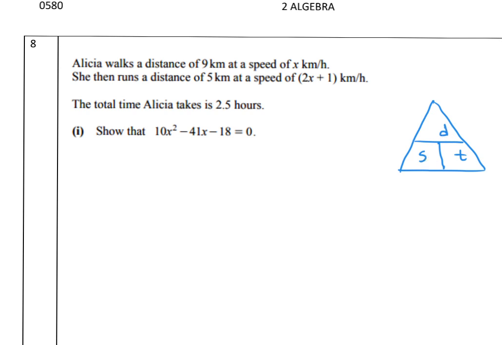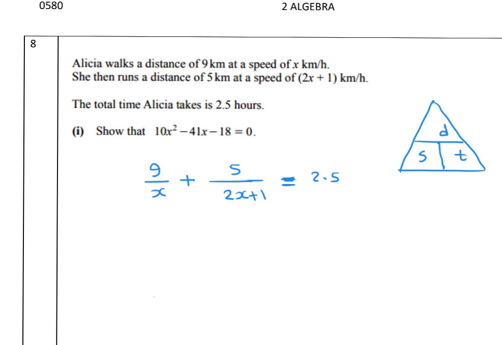So the time for the first 9 kilometers equal the distance, which is 9, over the speed, which is x. By the same way, the time for the next 5 kilometers is the distance, which is 5, over the speed, which is 2x plus 1. The total time 2.5. So this equal 2.5.